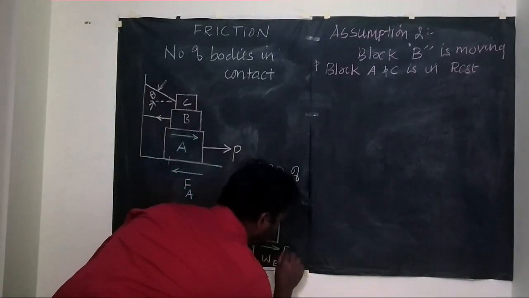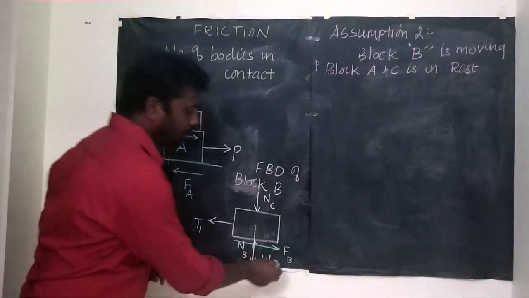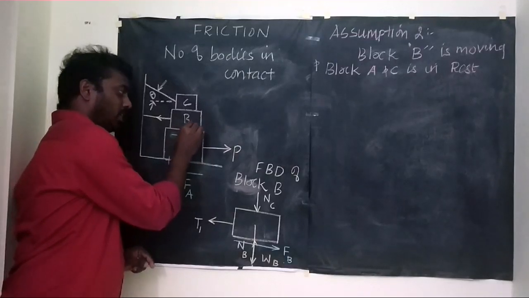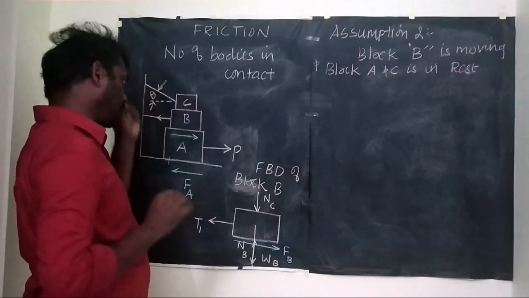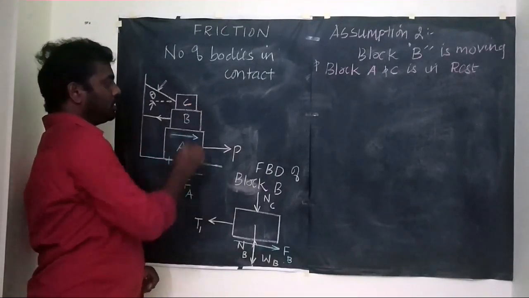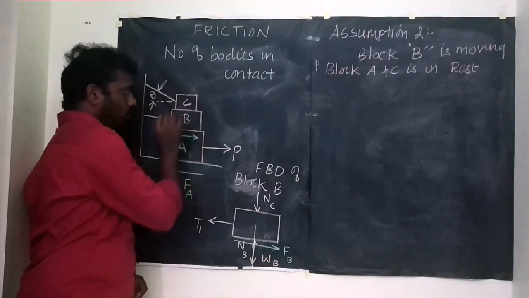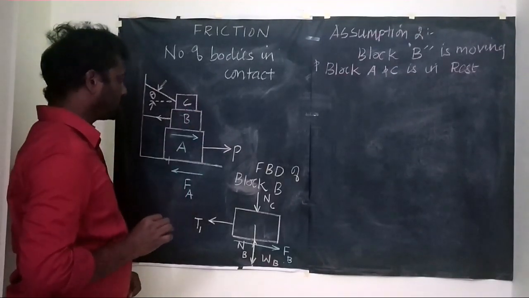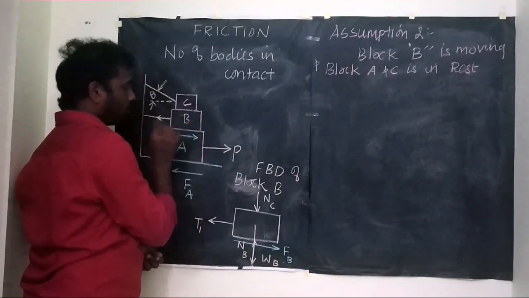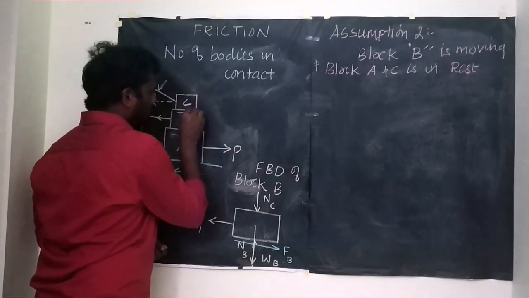That is F suffix B. Here B indicates that this limiting friction force value depends upon the surface finishing of block B. Similarly, at the junction of block C and block B, some amount of friction force occurs in this region. Here the limiting friction force acts opposite to the movement of block B. So this is my limiting friction force value.